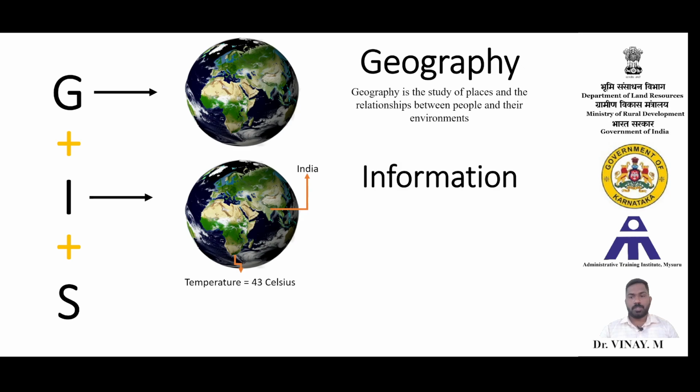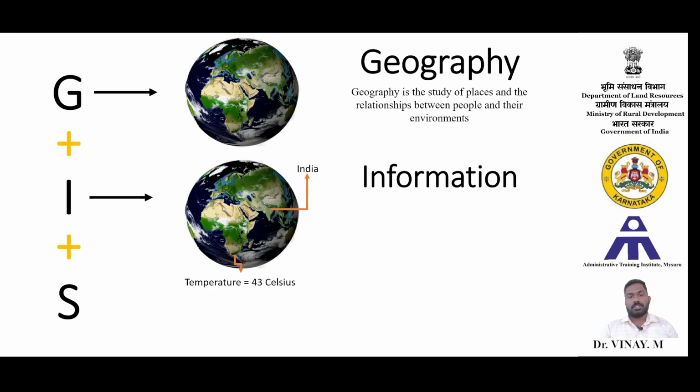Let's take an example. If we look into the geography of the earth, a particular place may have a boundary, an administrative setup, or a location with respect to the earth. The features we are studying come under geography. Let's say I want to study the location of India. Where is India?